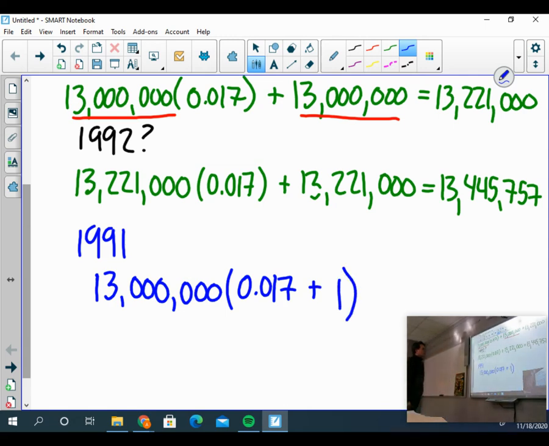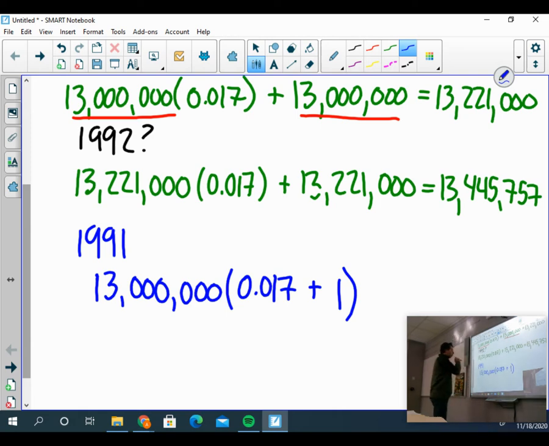Where's the 1 come from? Well, if I take the 13 million out, I would divide the 13 million times 0.017 by 13 million, and I would divide 13 million by 13 million. I just get 0.017 and 1. Again, that would come from the idea that taking something out front means you're dividing both terms by it.